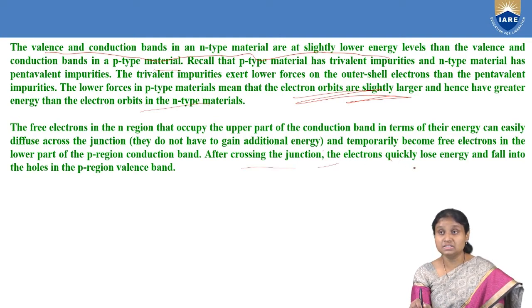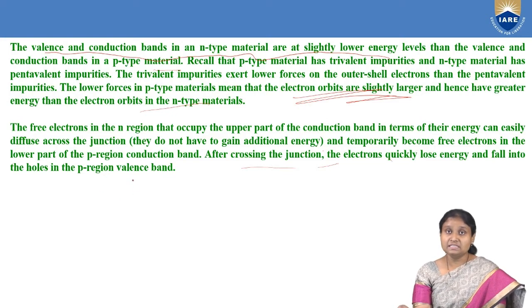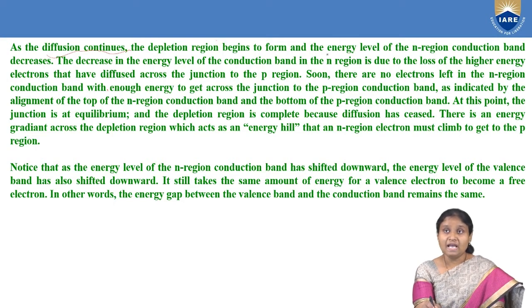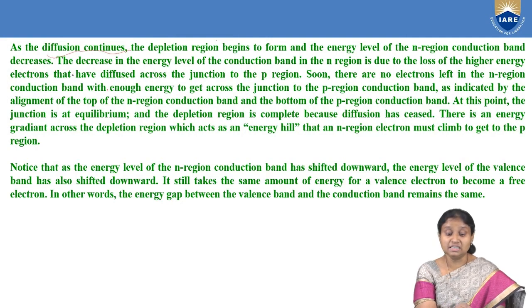They lose their energy and become immobile charge carriers, losing their energy to holes in the P region. As diffusion takes place, the depletion region begins to form and the energy level of the conduction band in the N region decreases.